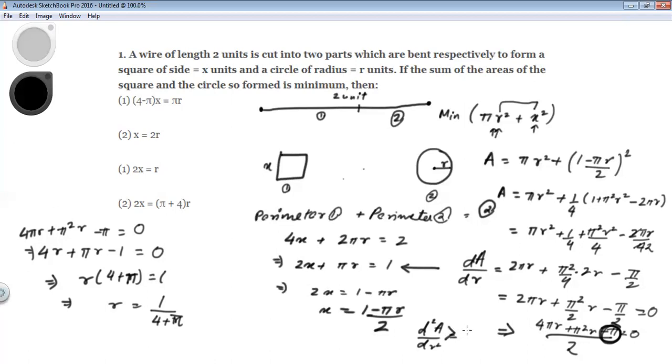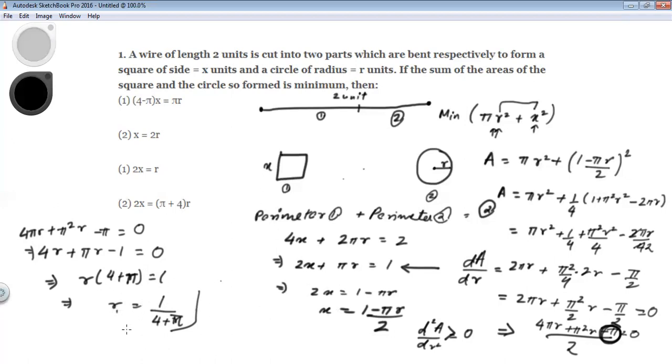So you can directly say that the second derivative of A with respect to r is greater than 0. That means for any value of r the double differentiation is greater than 0, and at r equals 1 by (4 plus pi) the first derivative is 0. That means it is a minima.